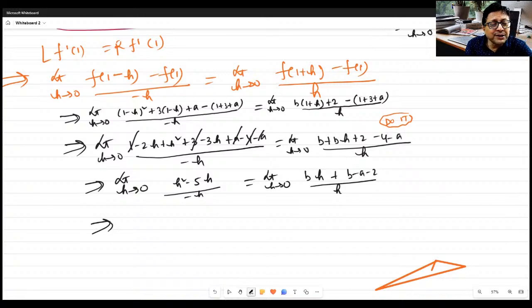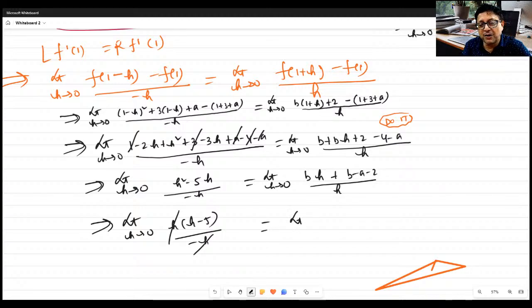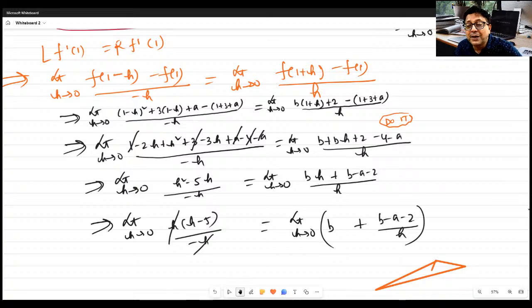Left hand side there is no problem. You see it is coming to be h minus 5. These two are getting cancelled nicely, but there is a problem. First part no issue, bh by h if you separate, b plus... here I got stuck. If I put h equal to 0, it is going to be undefined. But they said that it is differentiable. So what to do? We have to put this part equal to 0.